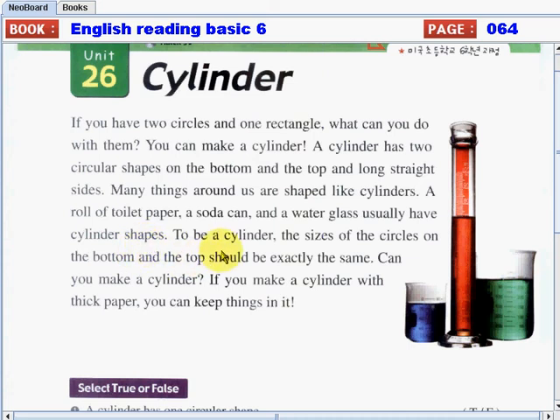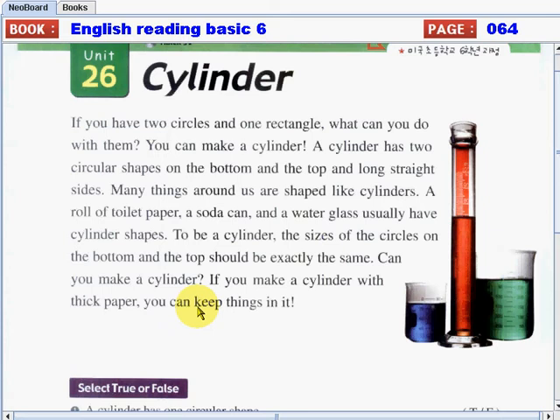To be a cylinder, the sizes of the circles on the bottom and the top should be exactly the same. Can you make a cylinder? If you make a cylinder with thick paper, you can keep things in it. Thank you for reading with me.